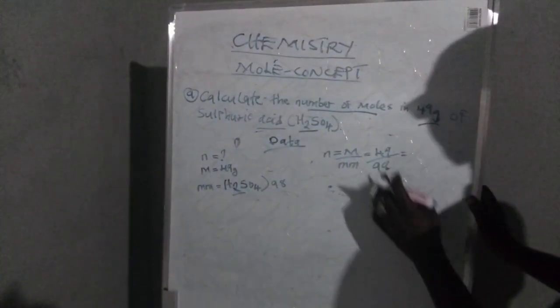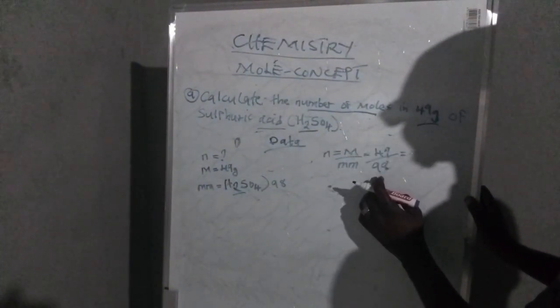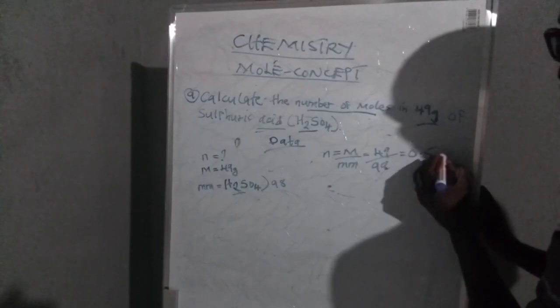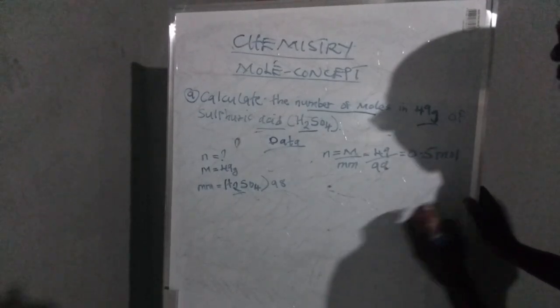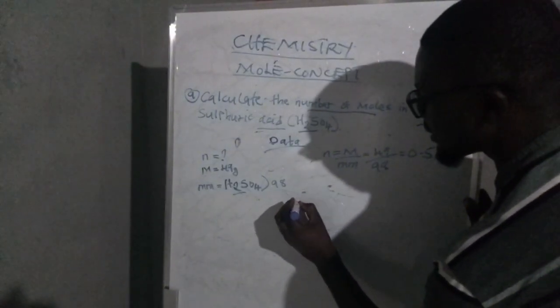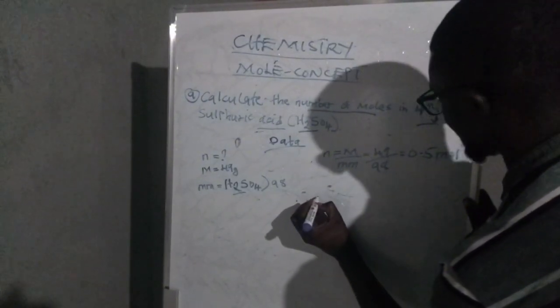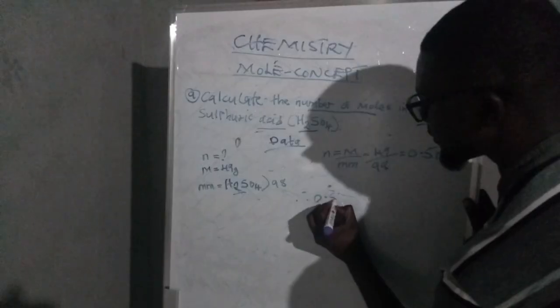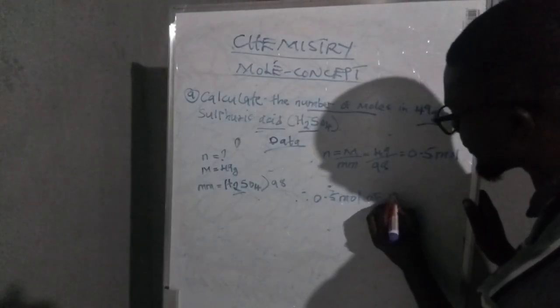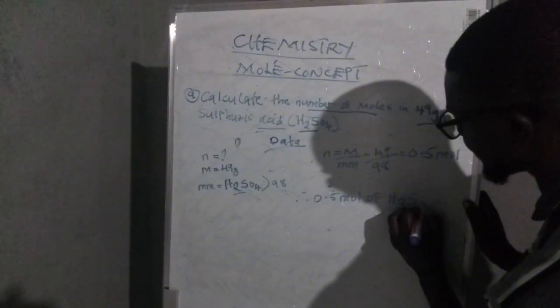Then we are going to say 49 divided by 98. It is 0.5 moles. Therefore, my dear learners, we can say therefore 0.5 moles of sulfuric acid.